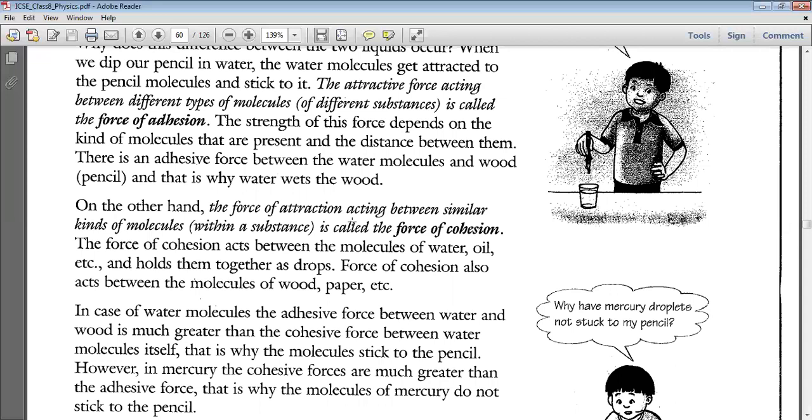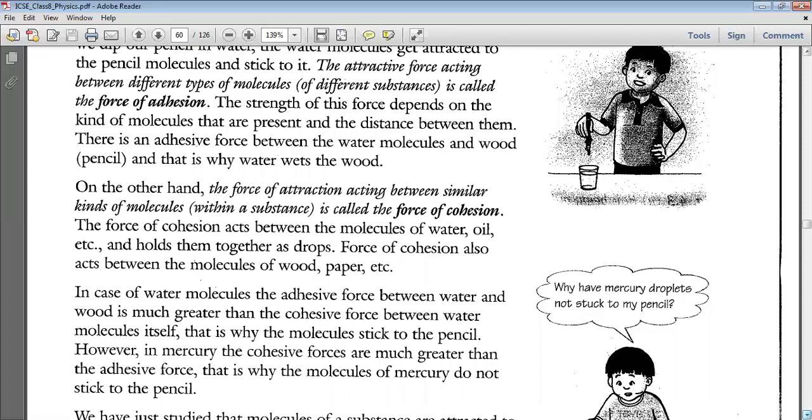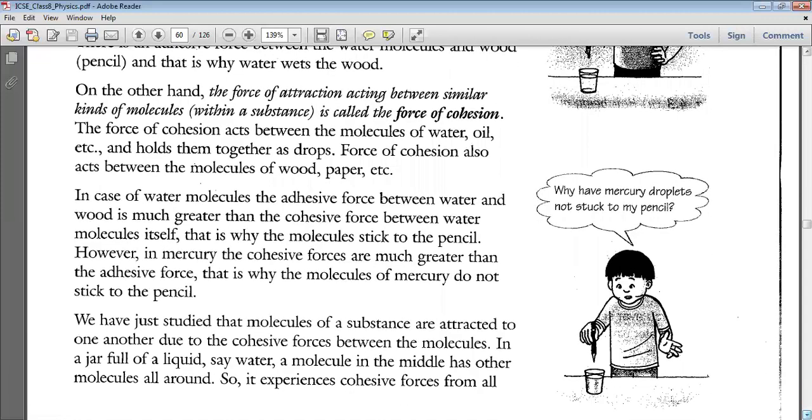If you keep wood on paper, will the wood get attached to the paper? No, is it not so? Simply because of the force of cohesion. Here the adhesive force between water and wood, very interesting, is much greater than the cohesive force between the water molecules itself. Because of this, the molecules stick to the pencil.